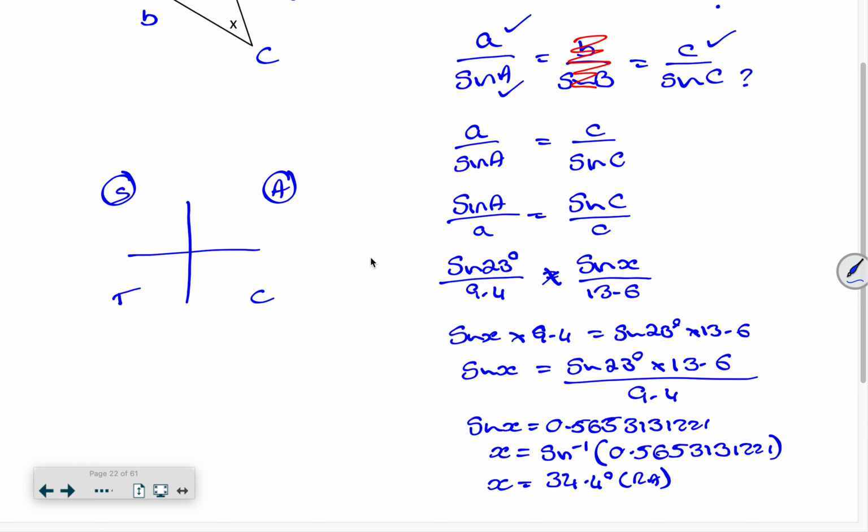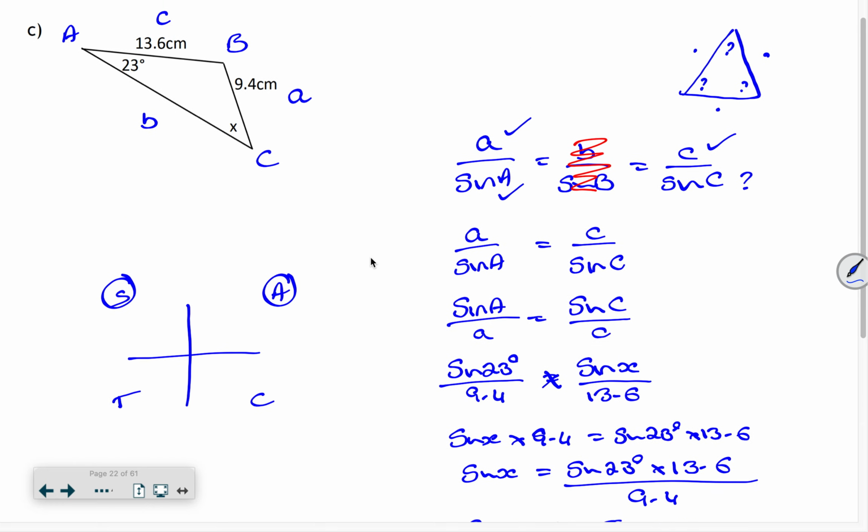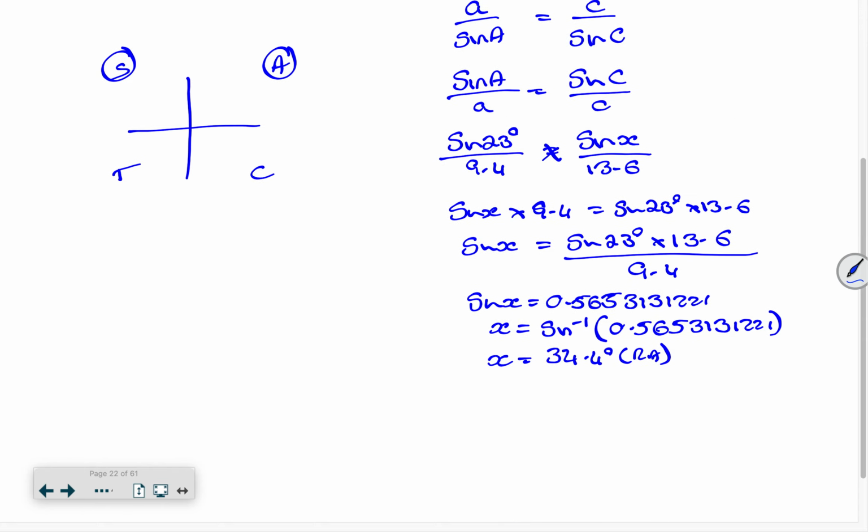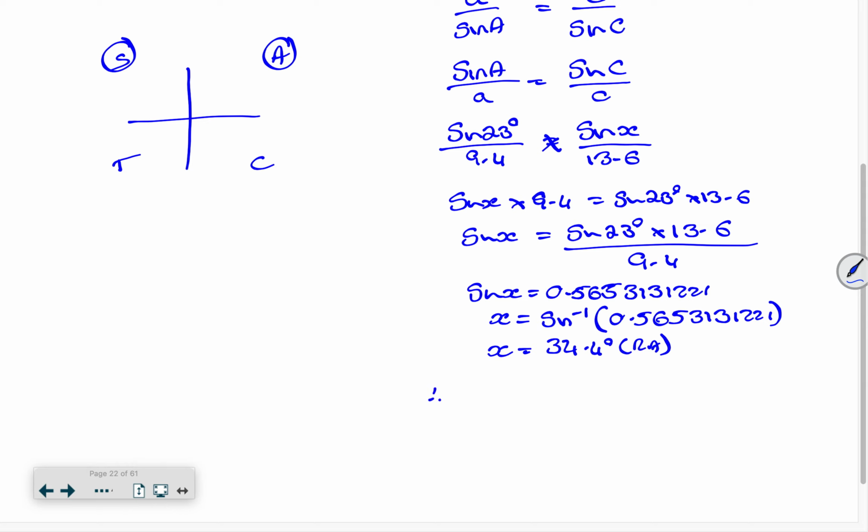Which one is it going to be? Well, for that, just look at the diagram. The angle that we have is quite a small angle, so it has to be the smaller of the two. Therefore, x is just going to stay as 34.4 degrees. We don't need to consider the second quadrant because that would give us an obtuse angle.